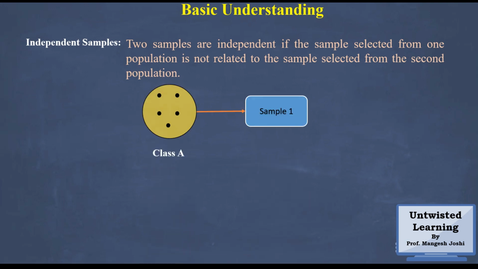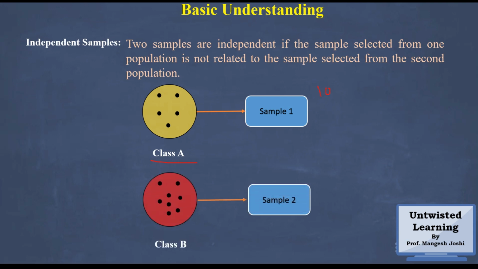For example, you have a class A and you have drawn a sample of say 10 students from class A. Similarly, you have another class B and you have drawn 10 samples from class B. Now, these two classes are not dependent on each other, and the students are not shared by class A and class B. So students of class A are independent and students of class B are independent, right?